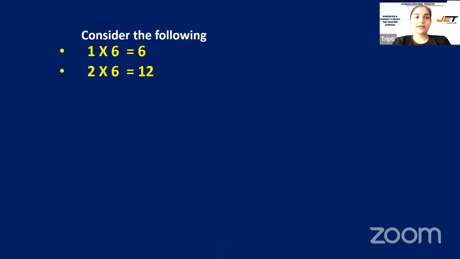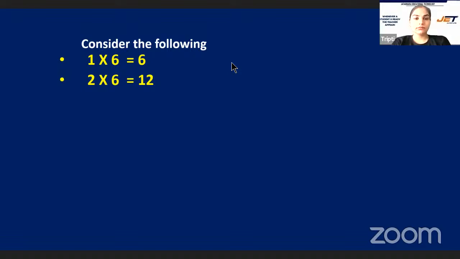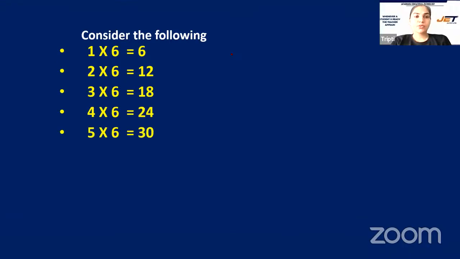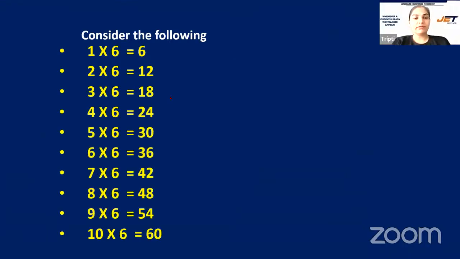Write the multiples of 6 first. 6, 12, 18, 24, 30, 36, 42, 48, 54, and 60.